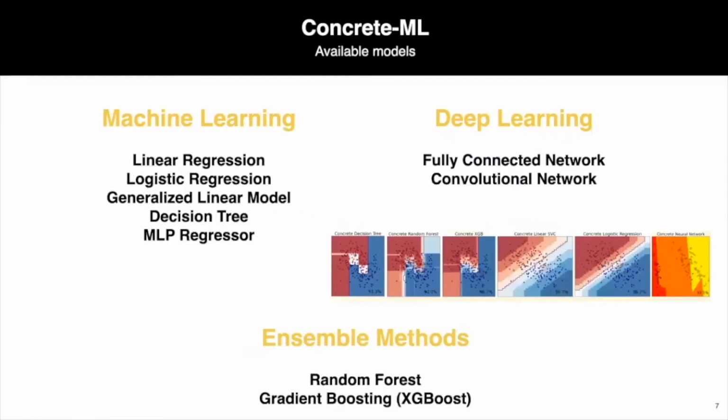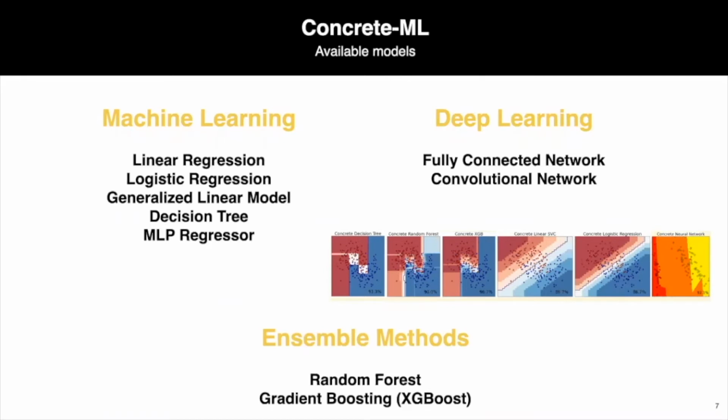And then, in terms of available models, machine learning needed years to create all of this. So it's not possible for us to make everything in FHE in 3 months. So we are starting, and also FHE has a lot of constraints, so there will be models which will be much more complicated to turn to FHE.